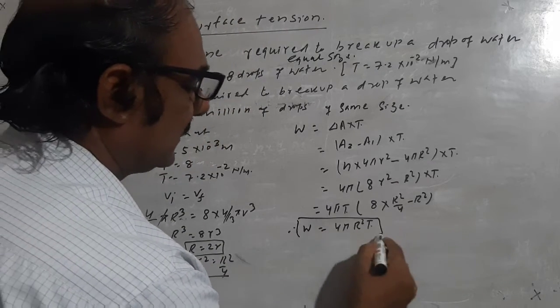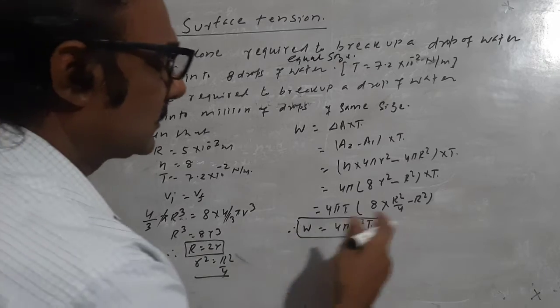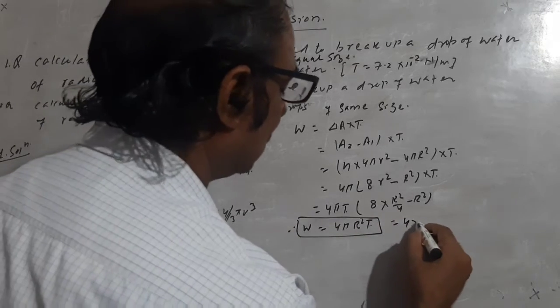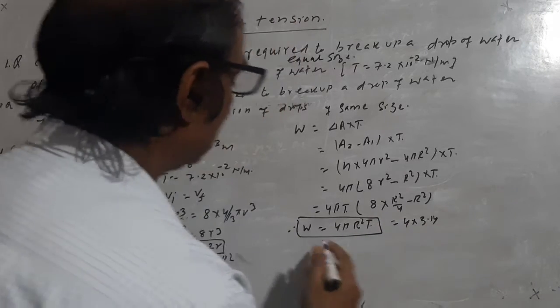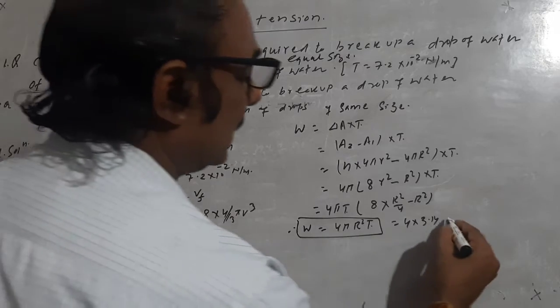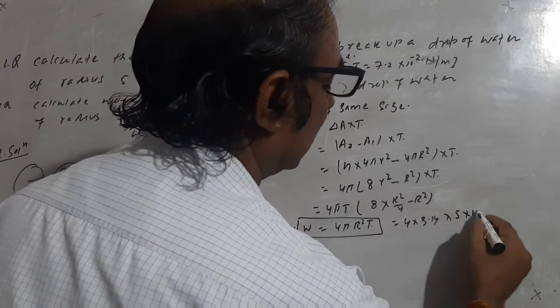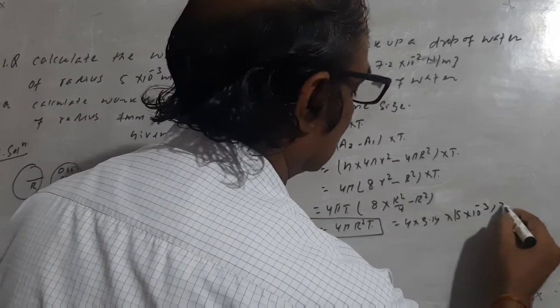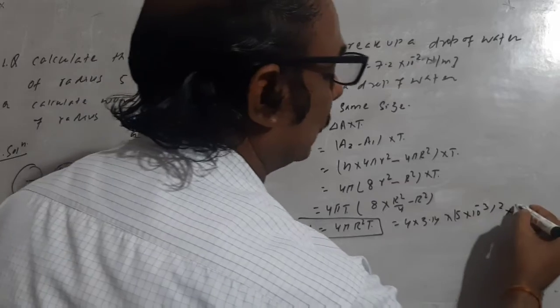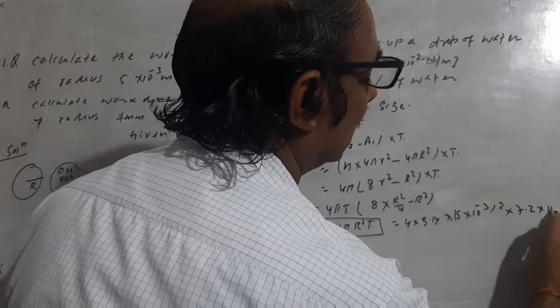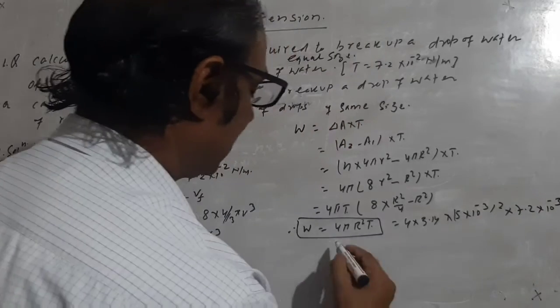Now substituting the values from the data: 4 into 3.14, capital R is 5 into 10 to the power minus 3 squared, into the surface tension 7.2 into 10 to the power minus 2.